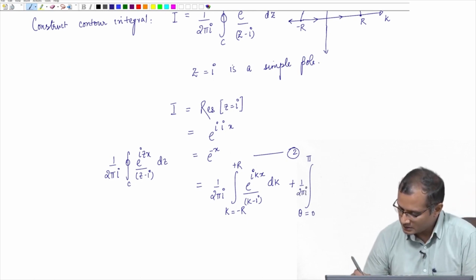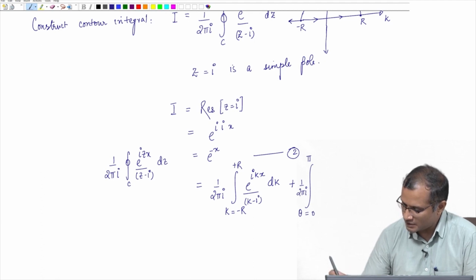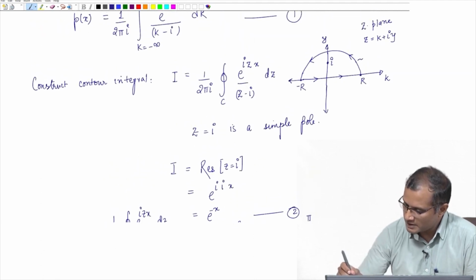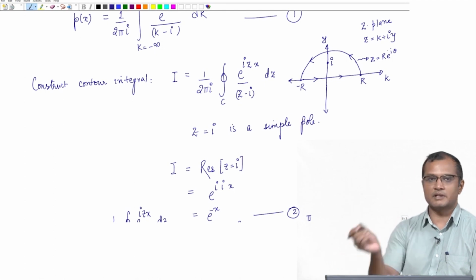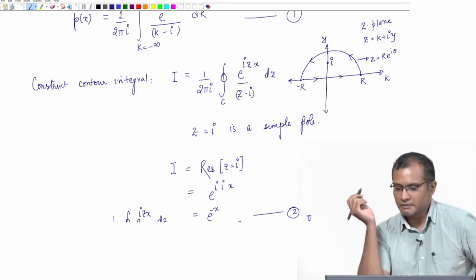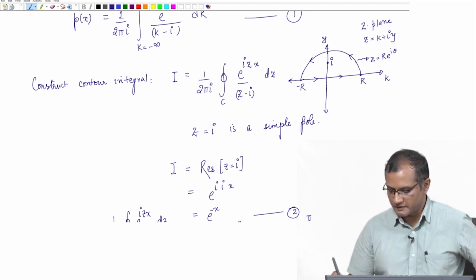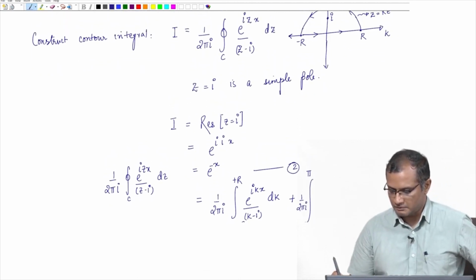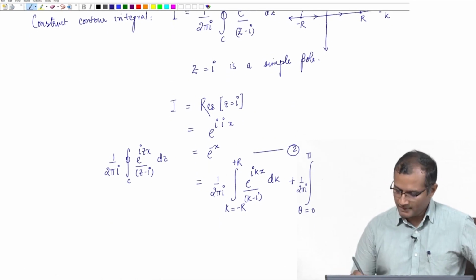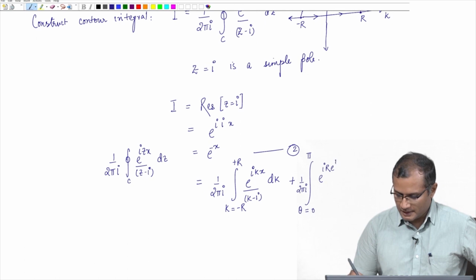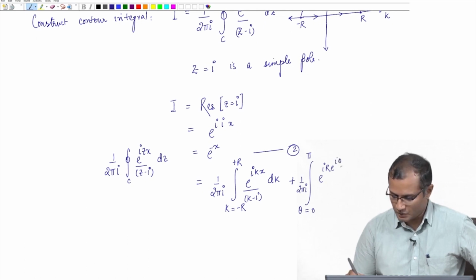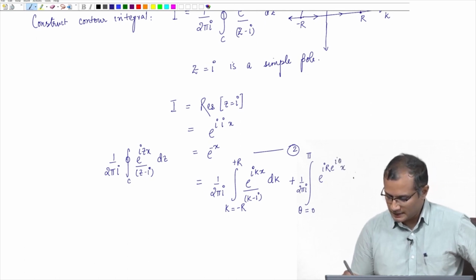On the semicircular contour, the complex variable is basically z equals R e raised to i theta, because on the circle the magnitude does not vary, R remains constant, it is only the theta that goes between 0 and pi. So, this is nothing but e raised to i R e^(i theta) x i.